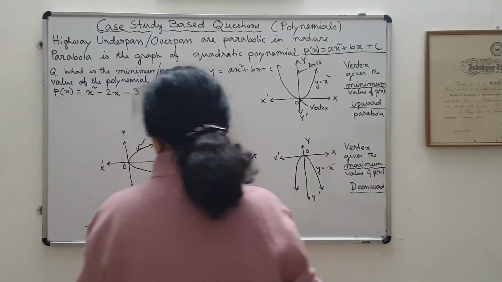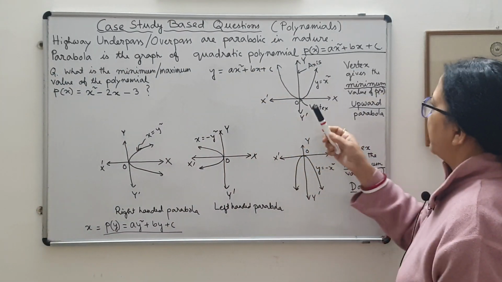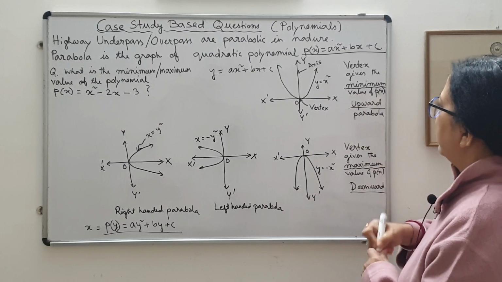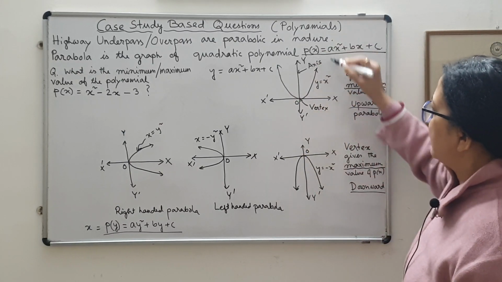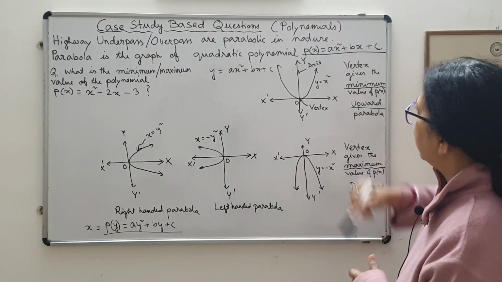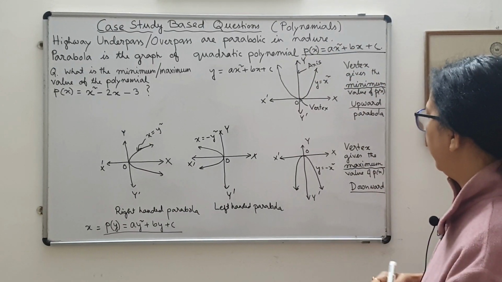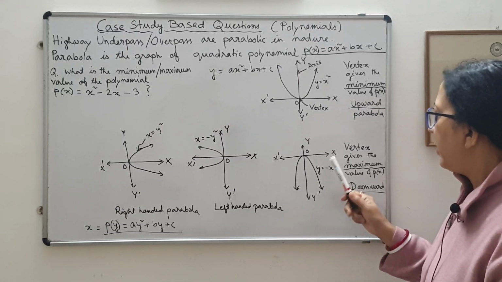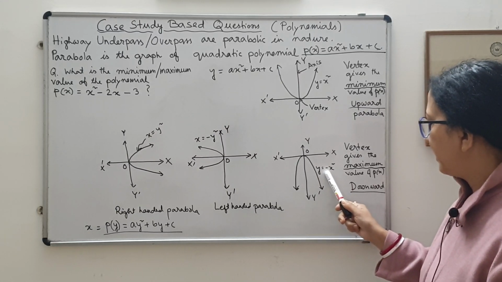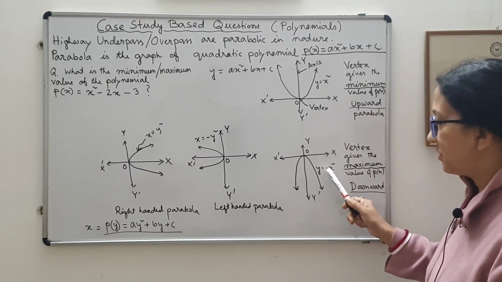So x is this. Now it is obvious from the reasons, because as you see from this, whether x is positive or negative, this y will always be positive because it is x square. So it is upward parabola. And here you see, whether your x is positive or negative, this y will always be negative. So it is downward parabola because of the minus sign.